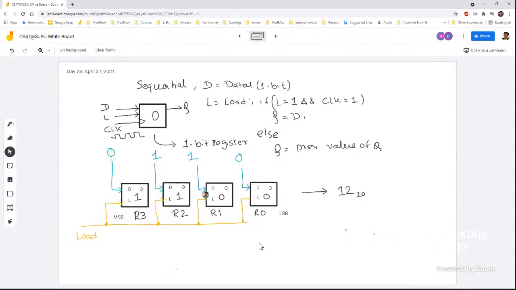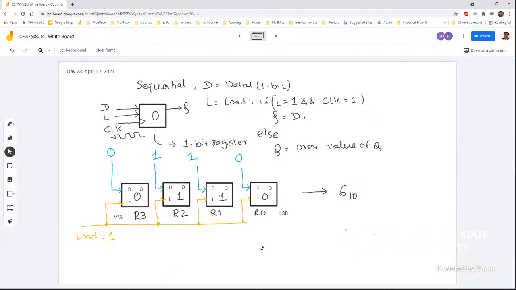If I issue a load equal to 1, it will load this new value into the register. So your value now represented here is a 6 in decimal.